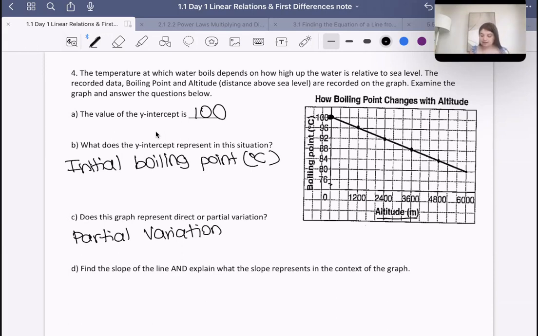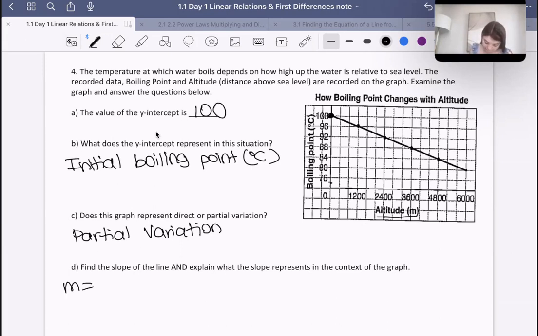Then it says to find the slope of the line and explain what the slope represents in context of the graph. Just a reminder, how do we find slope? Slope, or m, is equal to rise over run. So what's the rise in this situation? It's -4, right? We go from 100 down to 96, so we're going down 4. So -4 on the top.